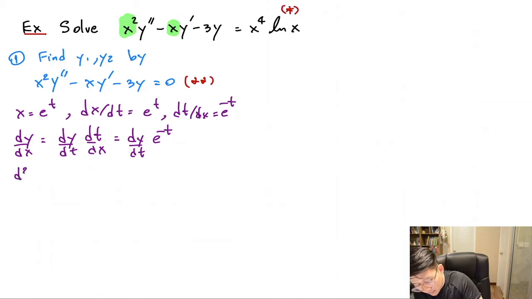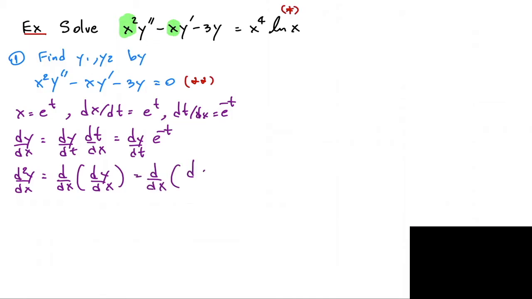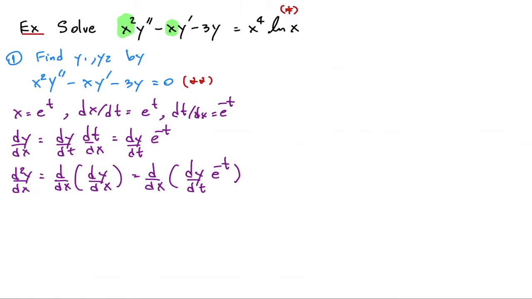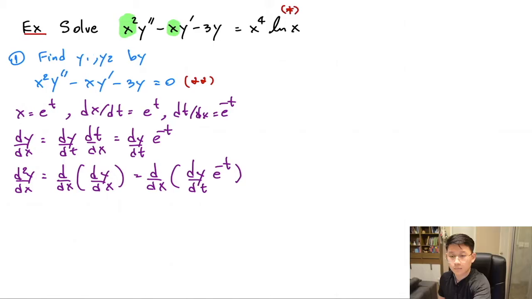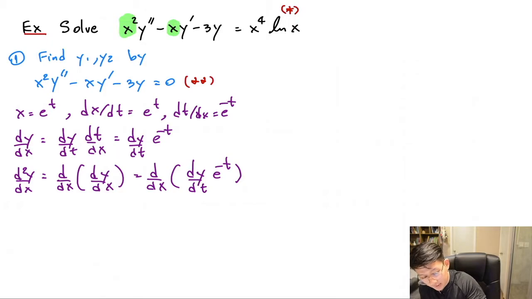And the second derivative would be d by dx of dy by dx, which is d by dx of dy by dt e to the minus t. Okay. And we have that, guys.